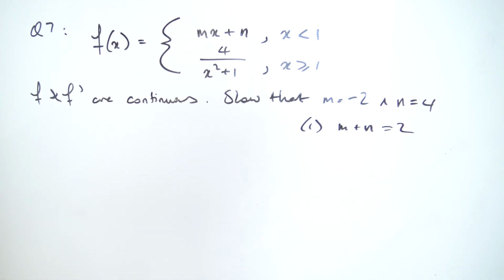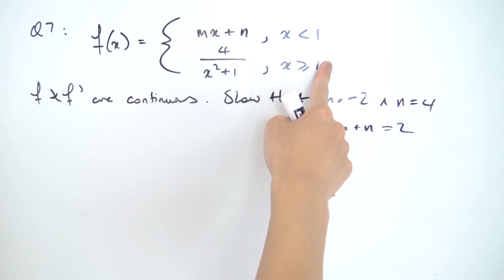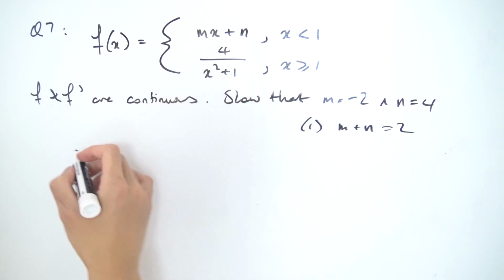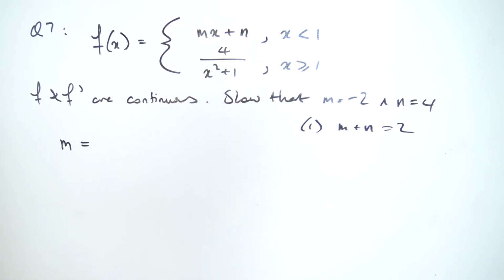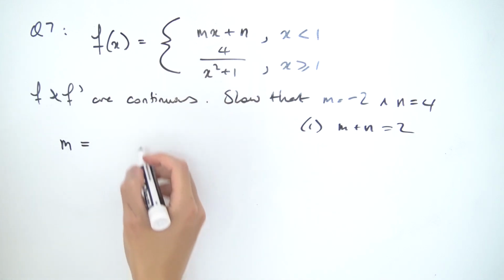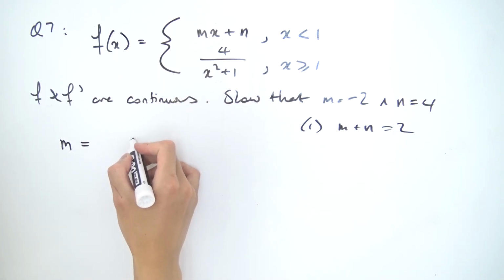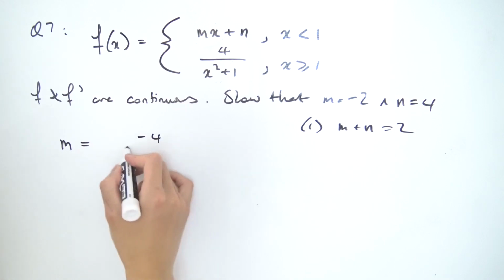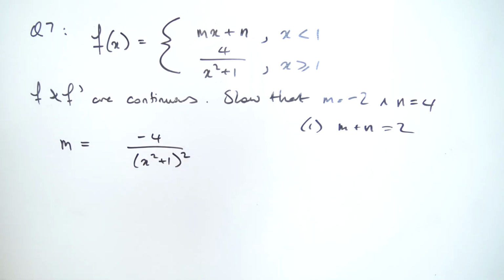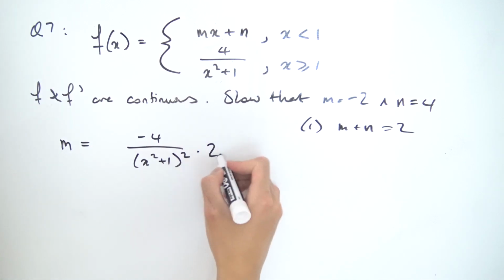And now if f prime is continuous, then the derivatives must match up at 1. So derivative of this linear equation is just m. And derivative of 4 over x squared plus 1, well, that's minus 4 over (x squared plus 1) squared, and then using the chain rule, we multiply by 2x.